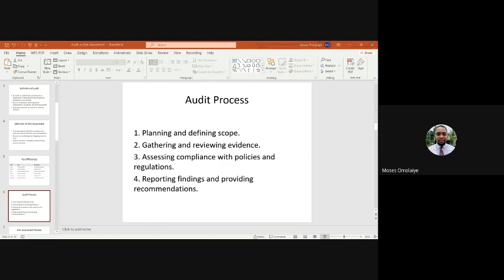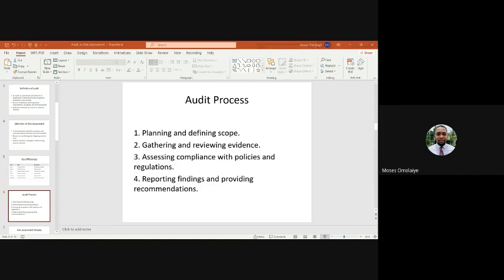Then after you do that, you prioritize your mitigation based on the severity of the potential risk. So you do not give more attention to something that is low risk as opposed to something that is maybe very high risk. After you do your prioritization, you implement the mitigation strategies that you have identified.